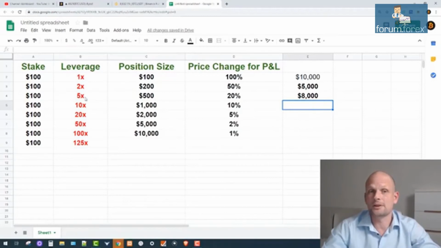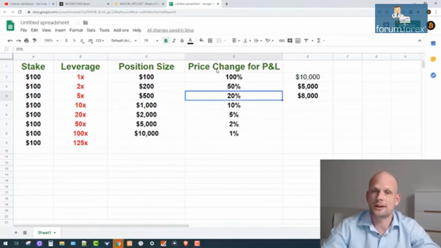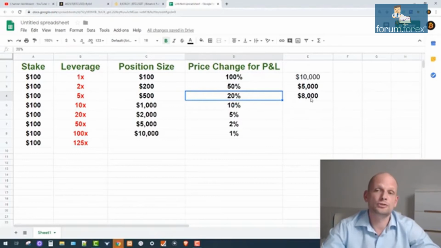If you are trading 5x, guys, and your investment is, for example, $1,000, then your position size would be 5,000. But anyway, price only has to go 20% against you, and similarly it goes the opposite side.